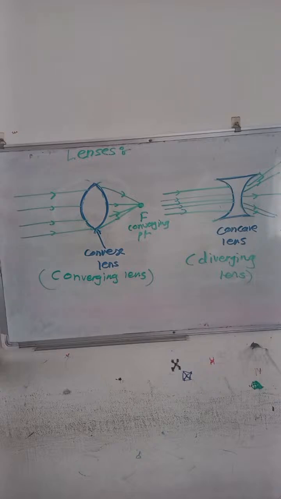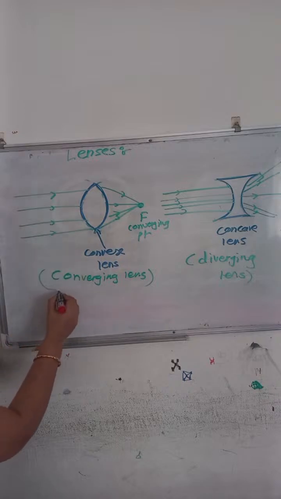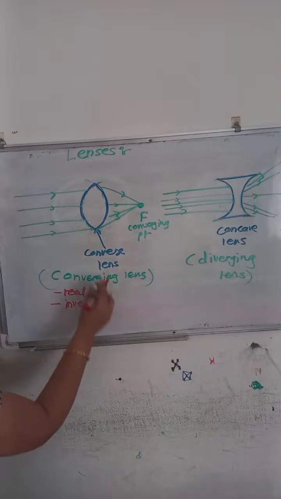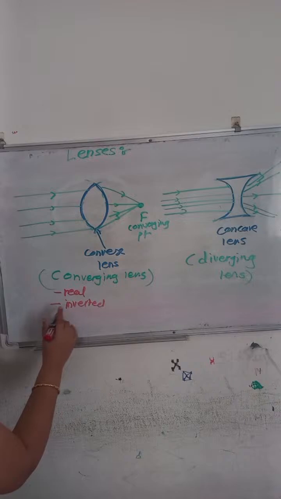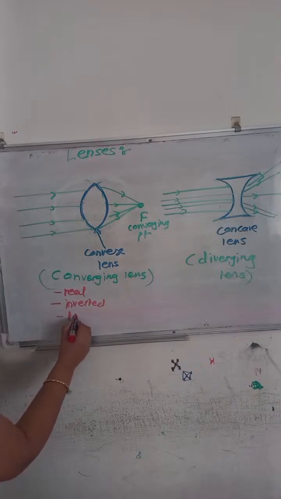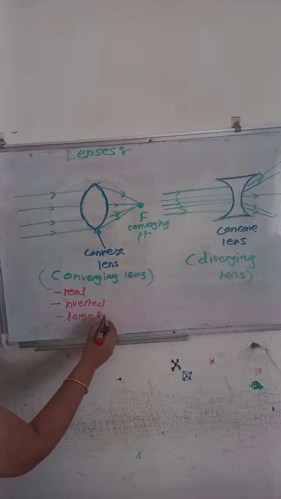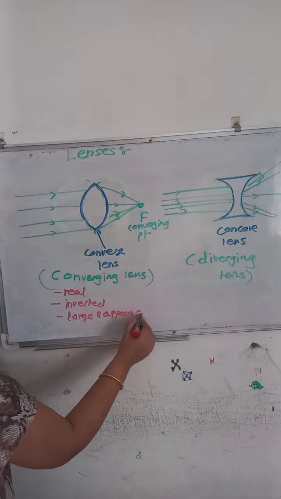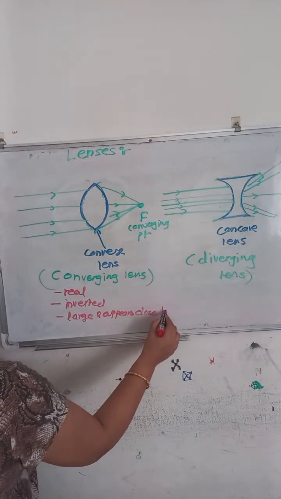Now, side by side, I will explain the images formed. The convex lens always forms a real, inverted image, and the image is large and appears close to the lens.